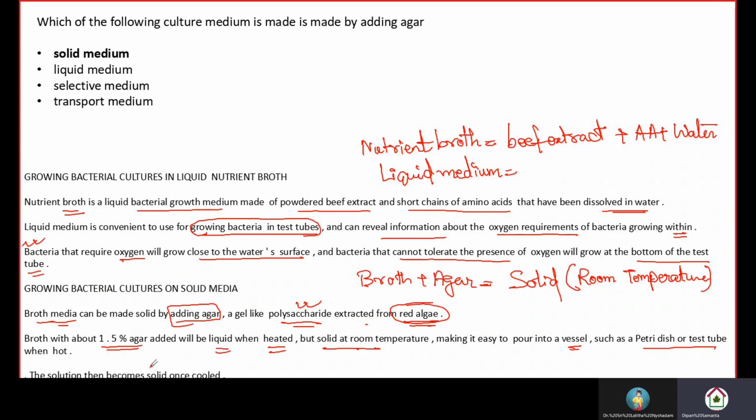The solution becomes solid once cooled to room temperature. So how much agar is added? 1.5% agar is added.